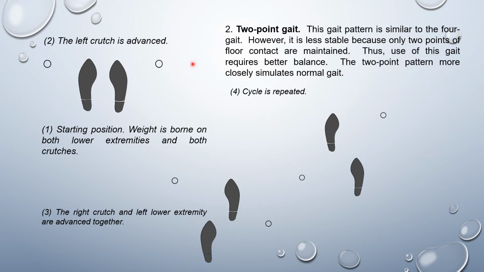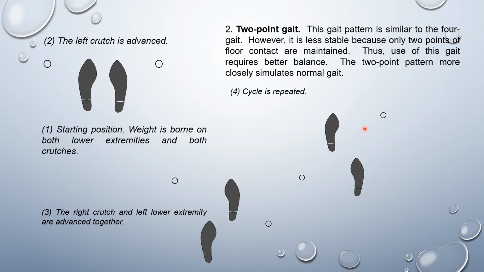So again, the two-point gait. This pattern is similar to your four-point gait. However, it is less stable because only 2 points of floor contact are maintained. Thus, use of this gait requires better balance. Two-point patterns more closely simulate normal gait. So parang yung normal na pag-walk.